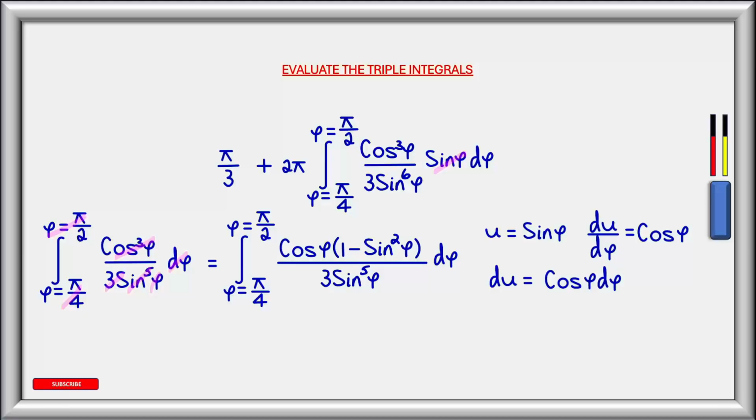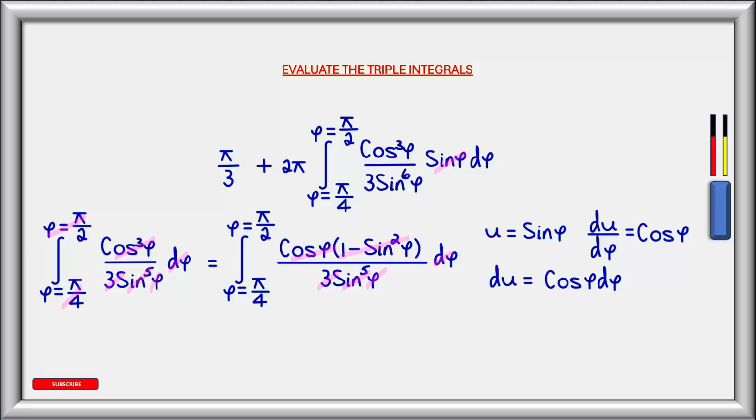And simplifying this further, cos cubed phi is equal to cos phi multiplied by cos squared phi, and cos squared phi is equal to 1 minus sine squared phi. So we have cos phi into the bracket of 1 minus sine squared phi divided by 3 multiplied by sine to the power of 5 phi d phi.